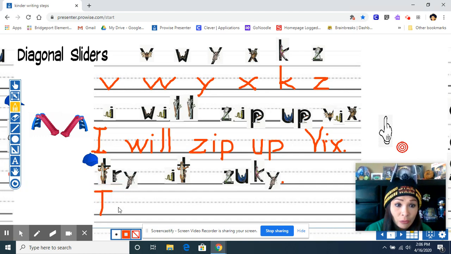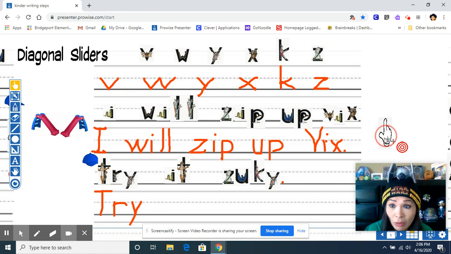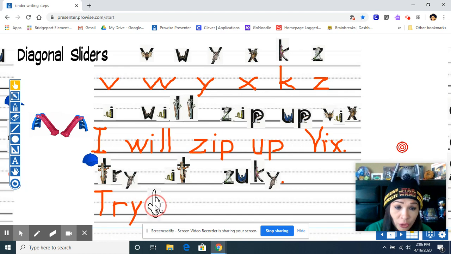Try. Now there's an R. Dive down, and pick back up. Try. Y. Here's our slider. Scuba dive. Oh, and when I need to go to a new word, I use my finger space. Put your finger space down.